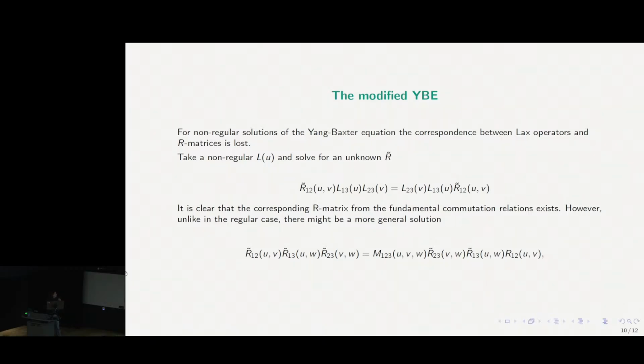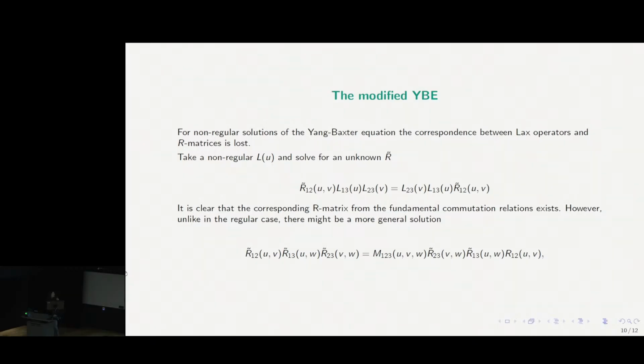Instead, it might satisfy something like this, which we called the modified Yang-Baxter equation, with this M just being some big matrix depending on all spectral parameters, and which we had not found up until now that it satisfies any cute relation or equation. It's also fixed: for a given R tilde, M would be fixed.